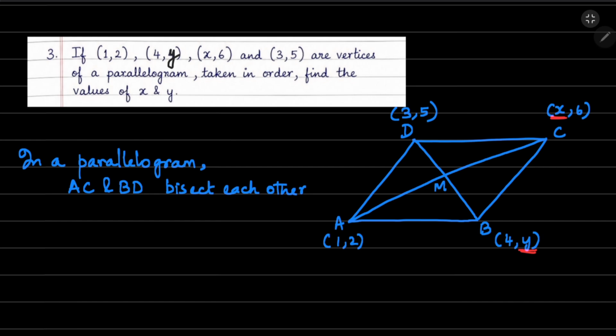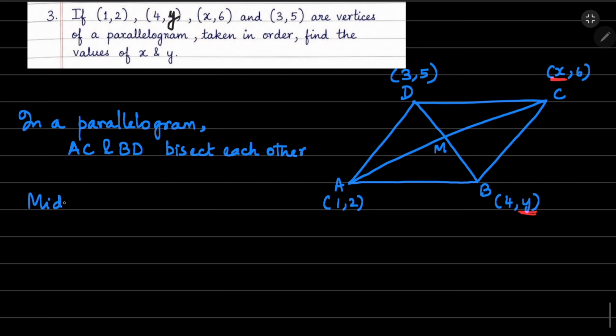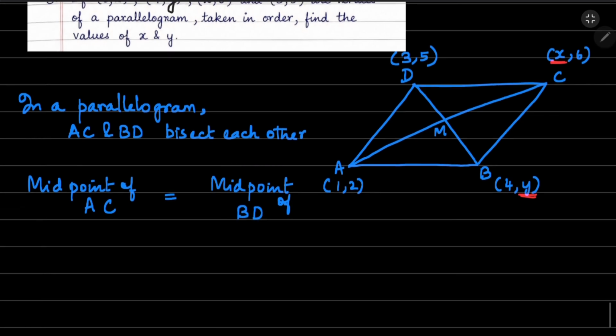Now the midpoints are the same. So you can write the midpoint of AC is equal to the midpoint of the diagonal BD. Let us write the midpoint of AC. If you take AC, this line, what will be the midpoint? Just add the x coordinates divided by 2.